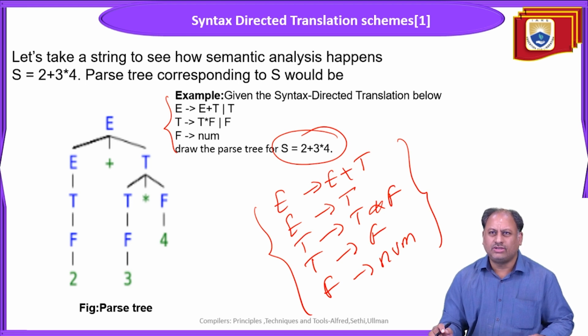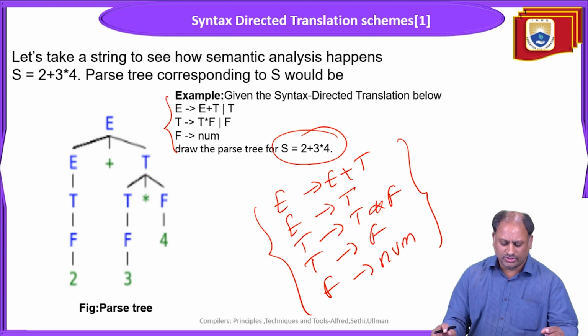In order to draw this computation, we can use the attribute association values, and then compute for each tree what the value of the particular attribute association is. Later we will see that. First we will concentrate on the parse tree, then we will see how the translation of each attribute value is taken care of at each node of that particular tree.